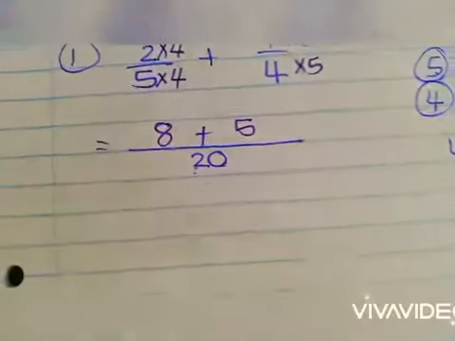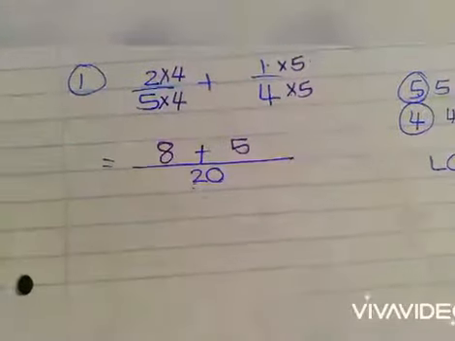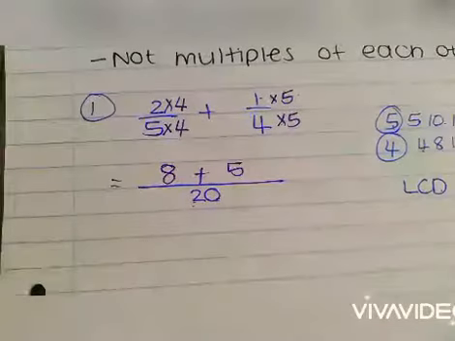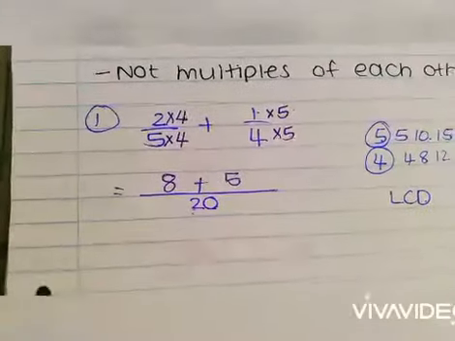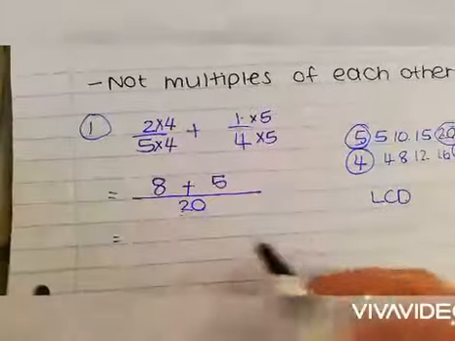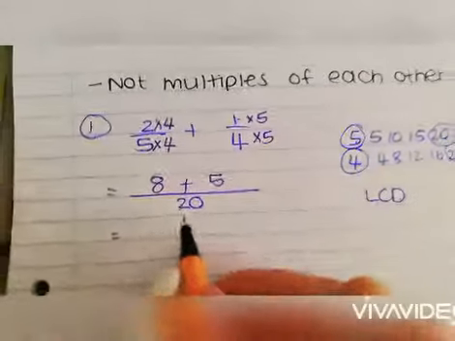There we go. Okay, so all we're going to do now is add the numerators together, and then if it's something that can go into 20 as well, we need to simplify it.